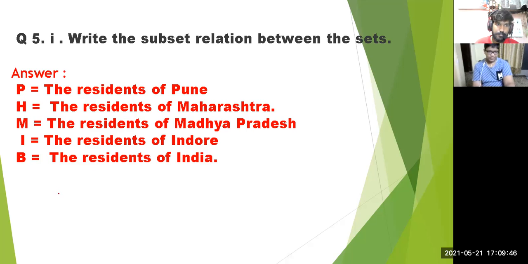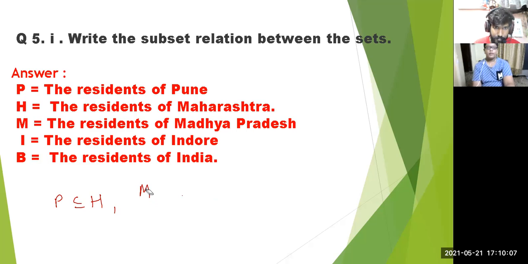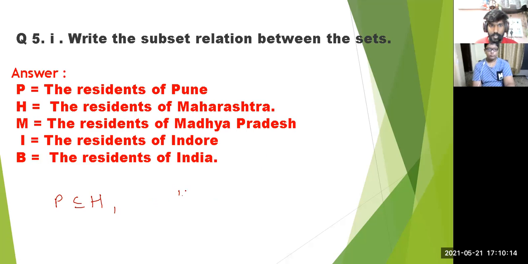Set P is a subset of H. Correct. Set M is a subset of I. No, the set I is a subset of M. I is in M, Indore in Madhya Pradesh.